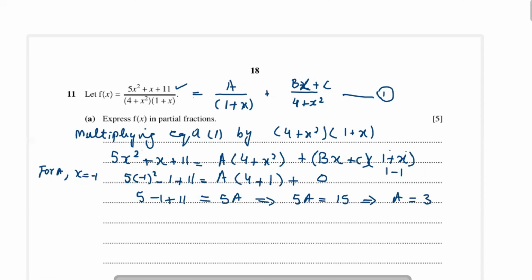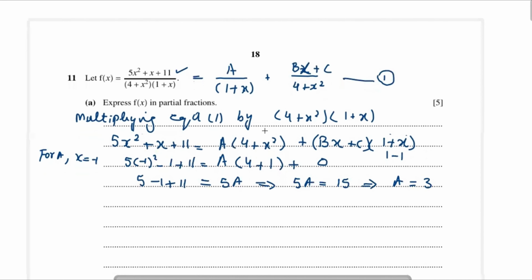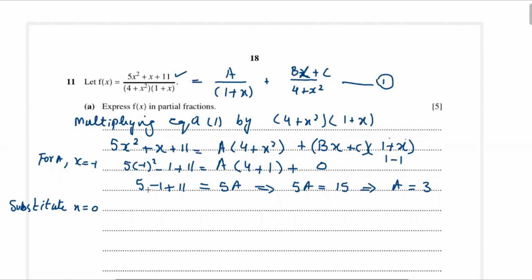Now to find the other values, we substitute real values in this equation. Suppose we put the value x equal to 0. Now substituting x equal to 0, we get 5 into 0 squared plus 0 plus 11 equals A into (4 plus 0) plus (B into 0 plus C) into (1 plus 0).